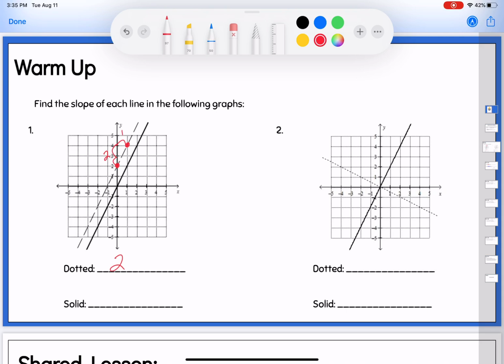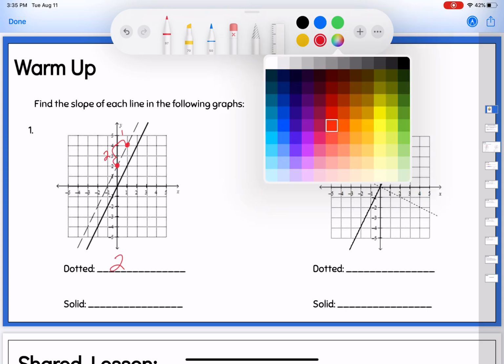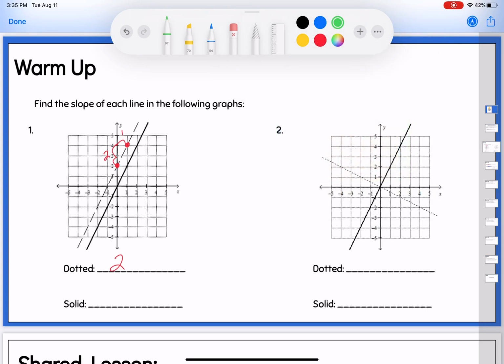Okay, now let's go green. 2 points on the solid line. I'm just going to find 2, maybe down here, just so I don't get in the way. All right, so rise over run for these two. Rise would be 2, run would be 1. So my rise over run is 2 over 1, or my slope again is just plain old 2.